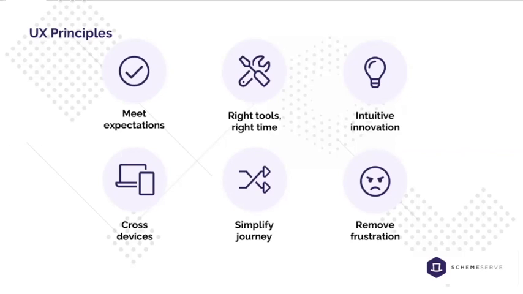We don't want to make the learning curve for our interface or our website long. We want to make it easy and simple, so you don't have to really think about it, and things just happen the way you expect them to happen. We want to make sure that users are able to use it in a way that just feels smooth. So meeting expectations when we're designing UX pieces is so important.